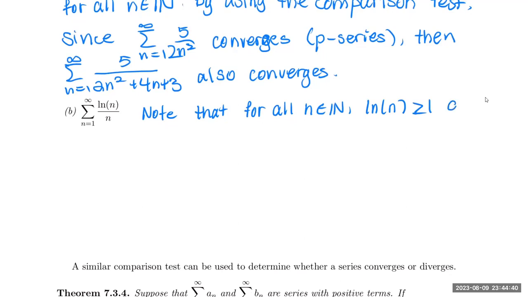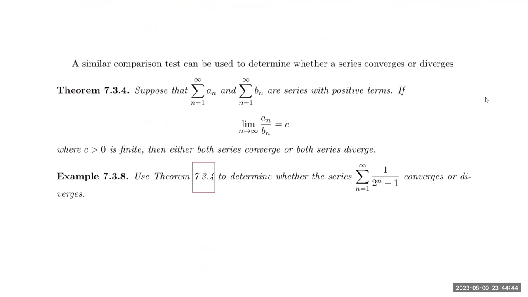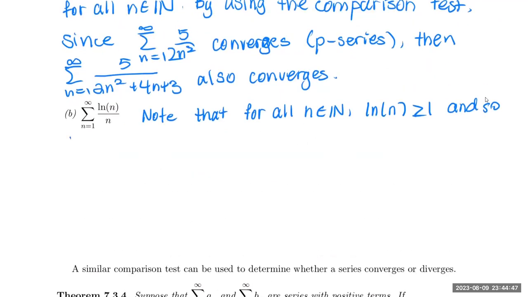And so that also means that ln of n divided by n is still going to be larger than 1 divided by n, in particular when we consider values greater than 3, so not greater than or equal to the natural numbers.